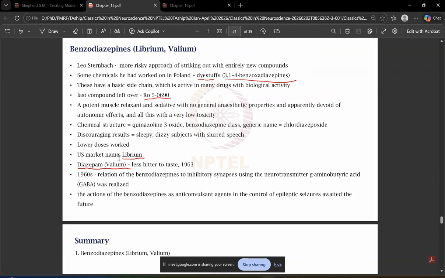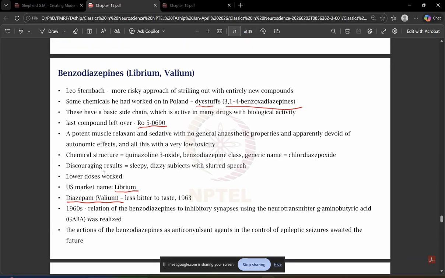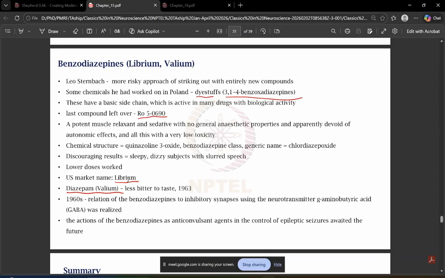And diazepam became a big hit, and currently there are various variants of diazepam which are in the market and which are being used, similar to the way the initial benzodiazepines were used.